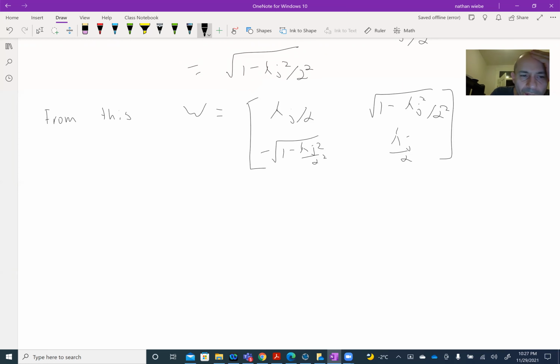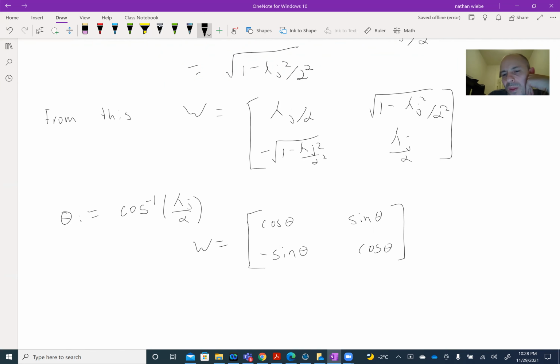So one thing that we can do is define theta to be equal to the arc cosine of lambda j over alpha. Then, using this notation, the walk operator W can be rewritten as cosine theta, sine theta, minus sine theta, cosine theta.